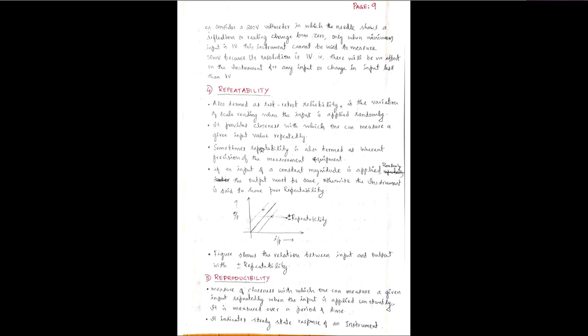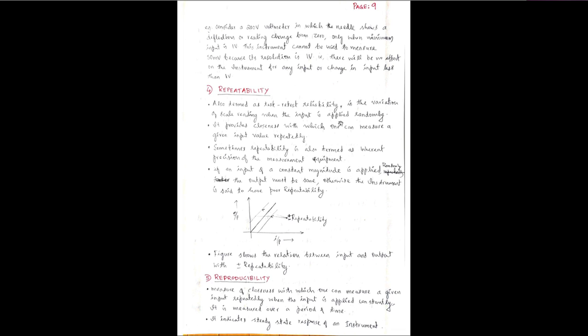Okay, next one is repeatability, also termed as test-retest reliability. It is the variation of scale reading when the same input is applied randomly. That is repeatability. It provides the closeness with which one can measure a given input value repeatedly.